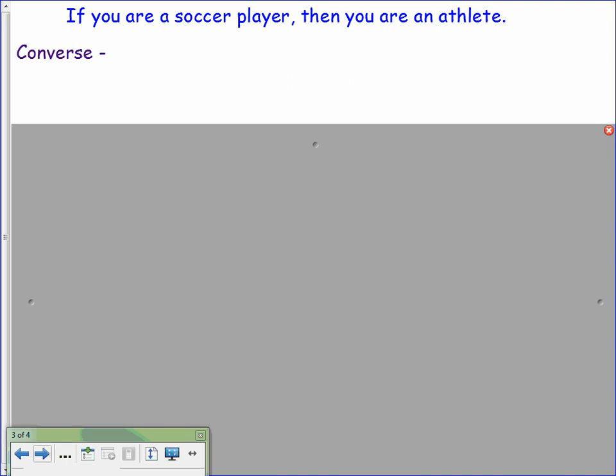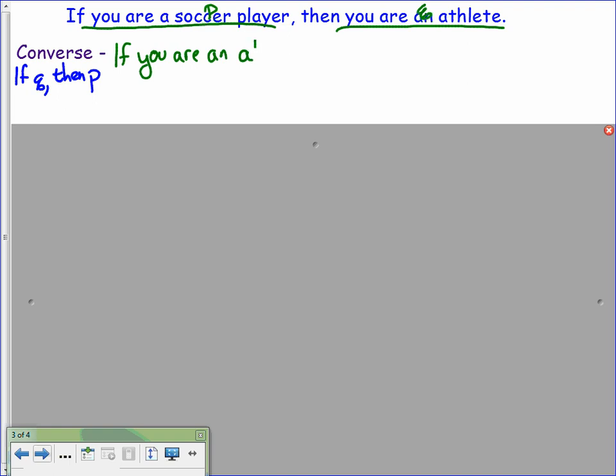Again, the converse statement is if Q, then P. When we look at our original statement, soccer player is our P statement, athlete is Q. So this would be, if you are an athlete, then you are a soccer player.